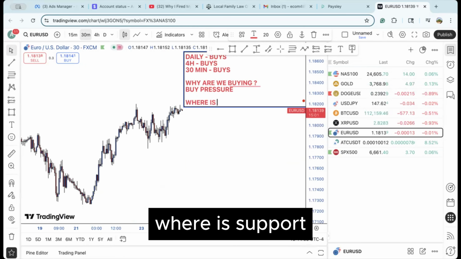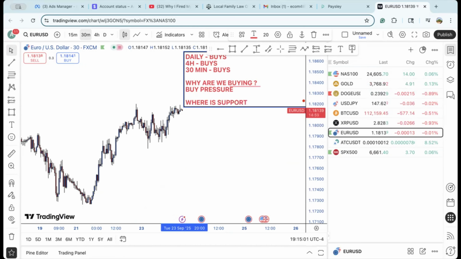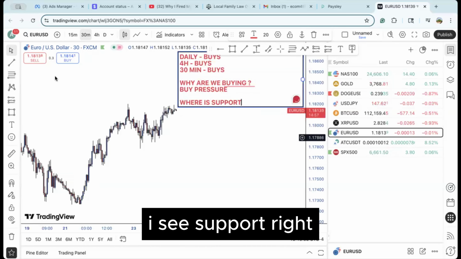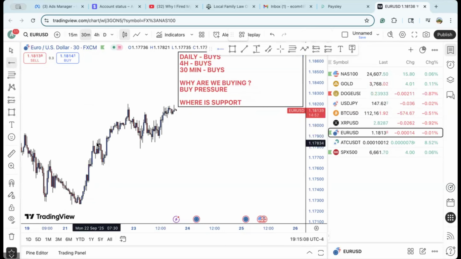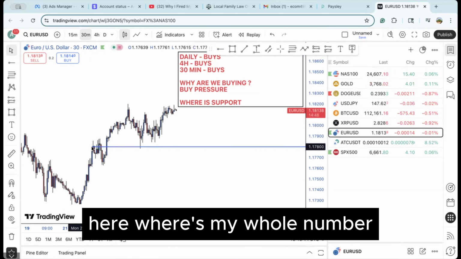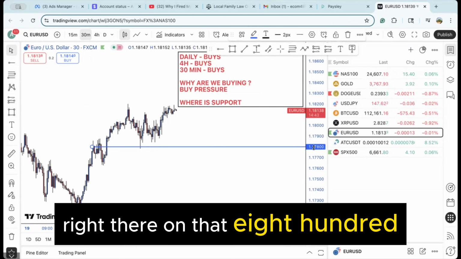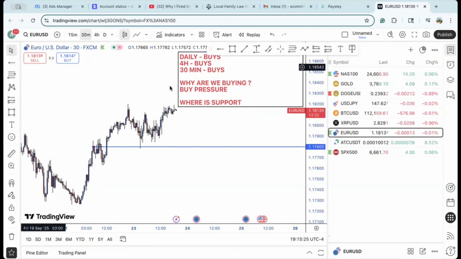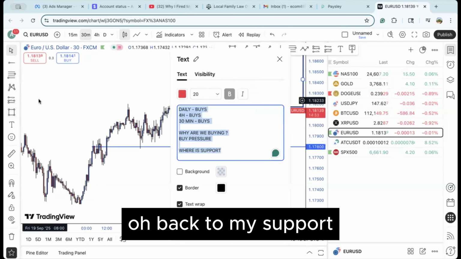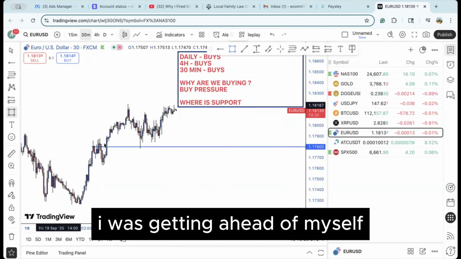Where is support? I see support right here. Where's my whole number? Right there on that 800. Okay. Oh, back to my support. I was getting ahead of myself.